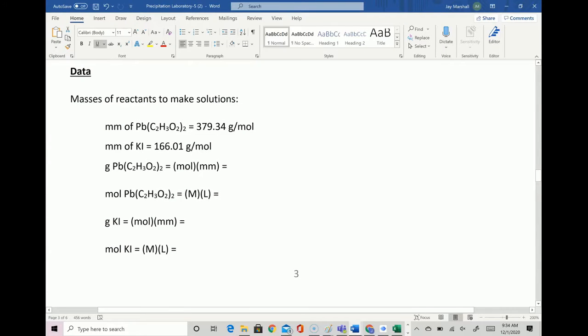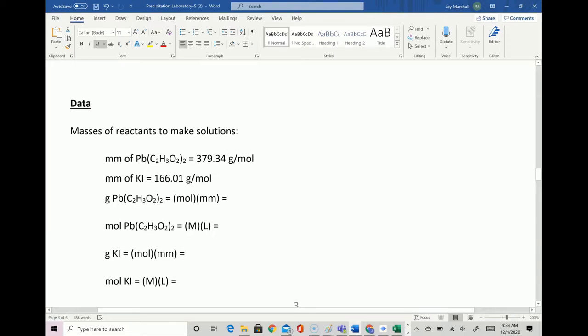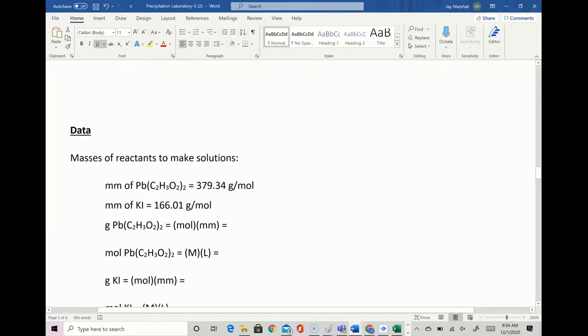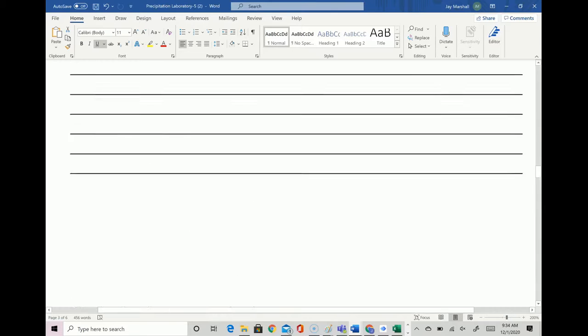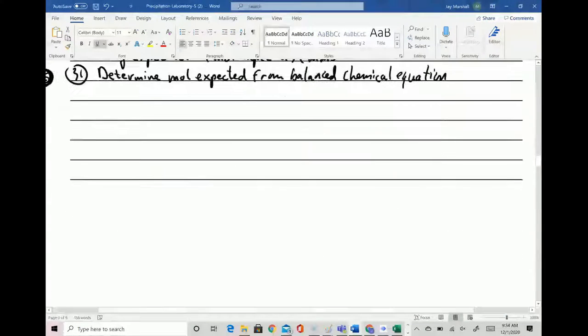That's the lead acetate. So how much was it? For the lead acetate, it's got to be 379.24. But we're not doing lead acetate. What is it that we got? We got lead iodide, didn't we? We did get the right moles, but we didn't get the molar mass yet.